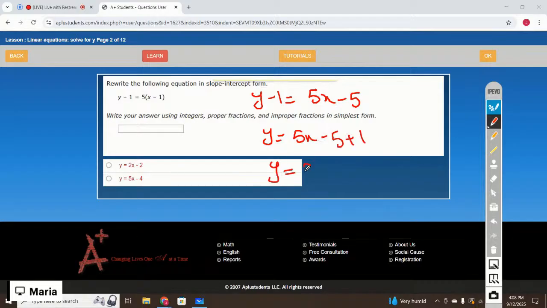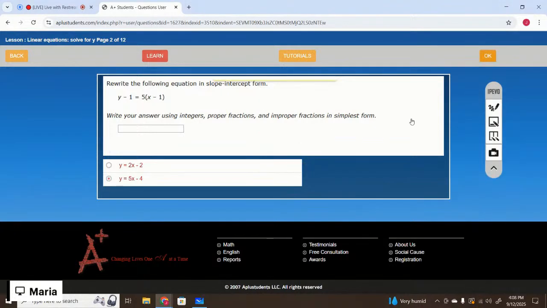So y equals 5x minus 4. That is y equals 5x minus 4. Option number 2 is the correct option.